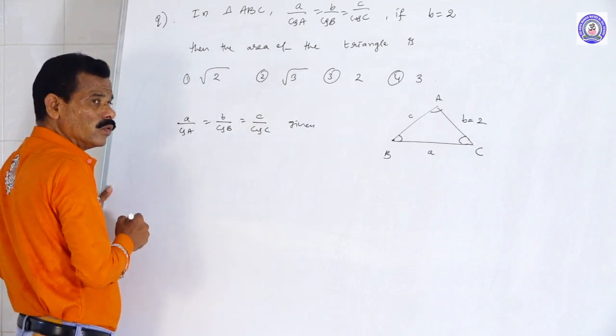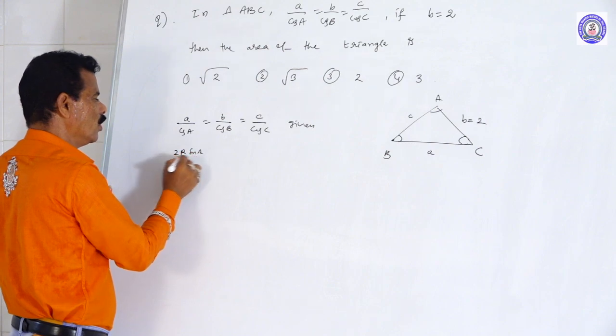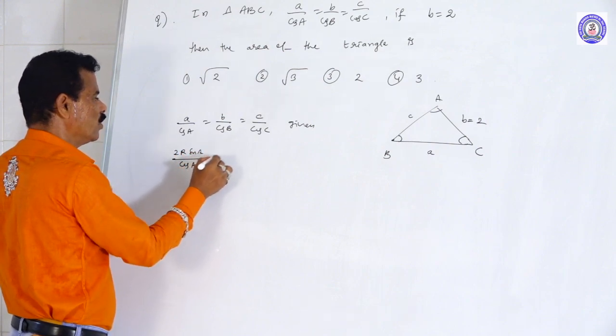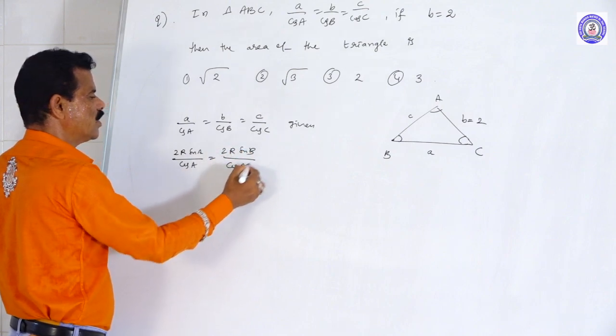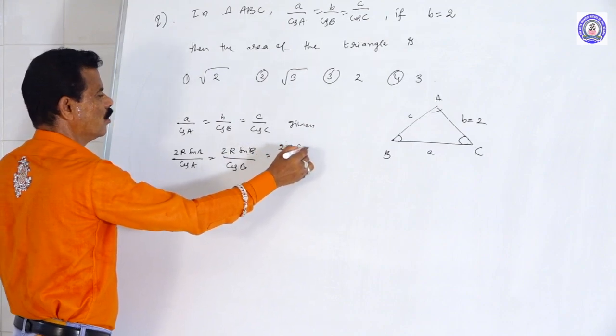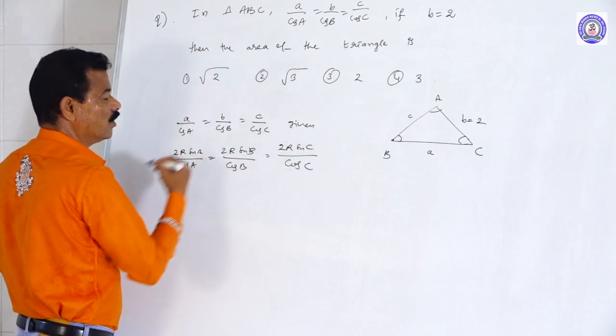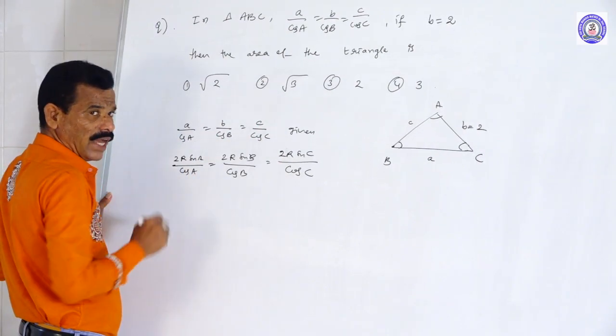From the sine rule, a is equal to 2R sin A/cos A as it is. This is 2R sin B from the sine rule, as it is cos B. This is 2R sin C/cos C. From the sine rule, a, b, c values.